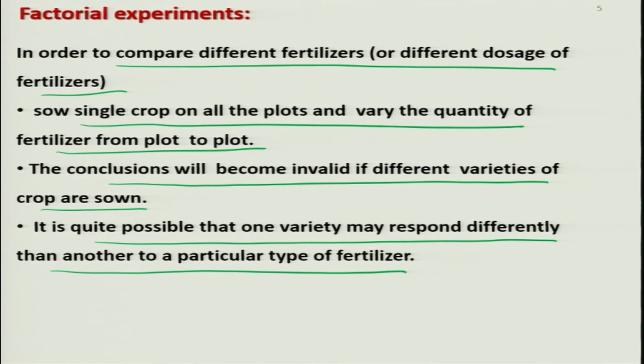For example, suppose you have 2 different types of seeds of wheat, and they have a different inherent structure, they are grown in different types of conditions, and if you use a particular type of fertilizer, then both the varieties, although they are wheat, may react differently, they may behave differently. One variety may have a lower yield, whereas the other variety may give you more yield.